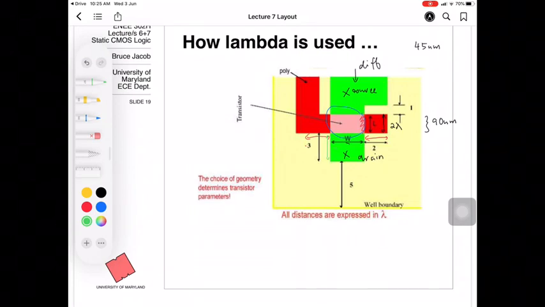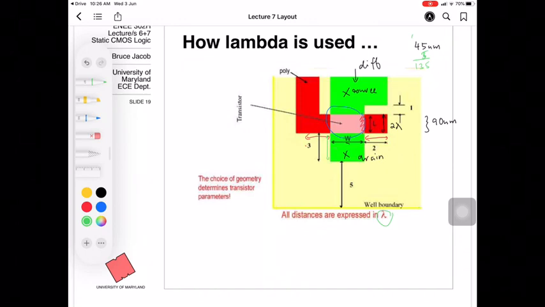So 45 times 3 is 135 nanometers. And you have to put the transistors in a well, and the boundary of the well should be 5 lambda, so 5 times 45 nanometers. All the dimensions are specified in terms of lambda.